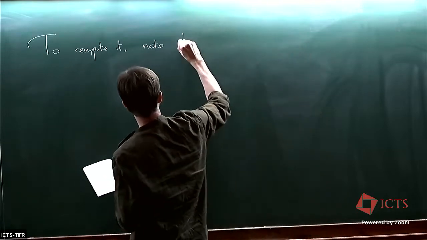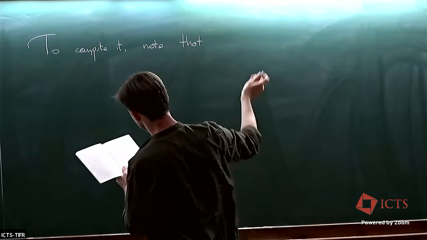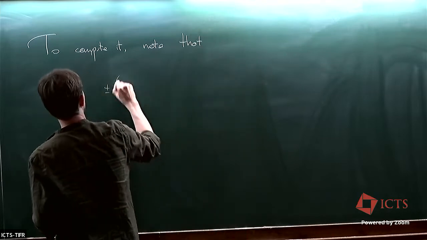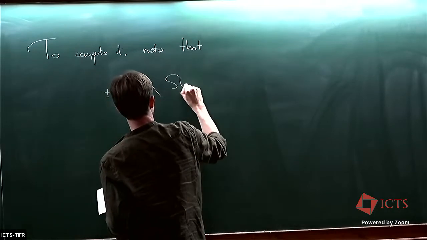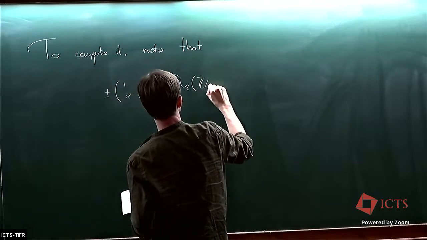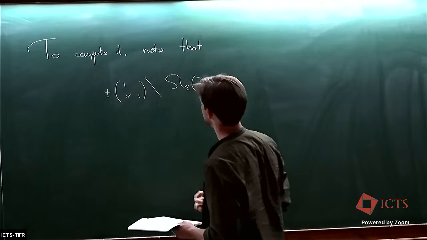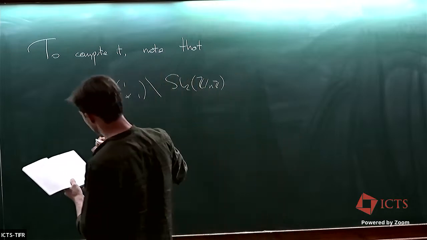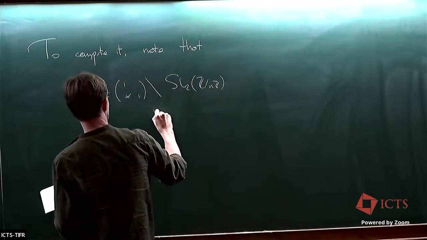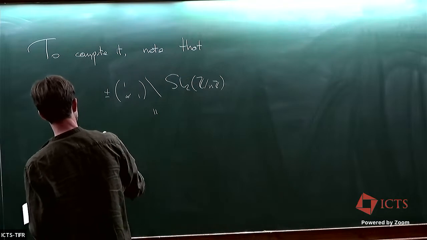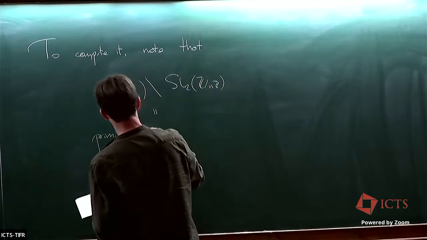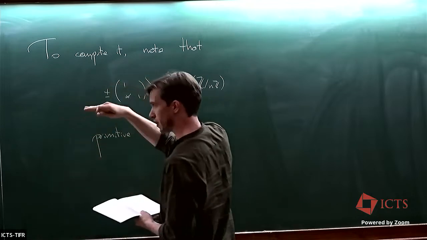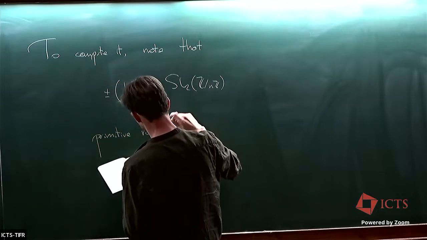So note that by doing that process, just starting by first ignoring the action of Gamma bar, we really get the same as the set of primitive vectors by just remembering the first row after this row reduction.